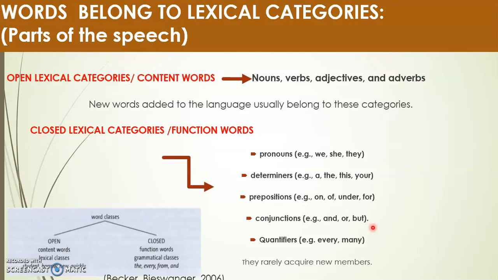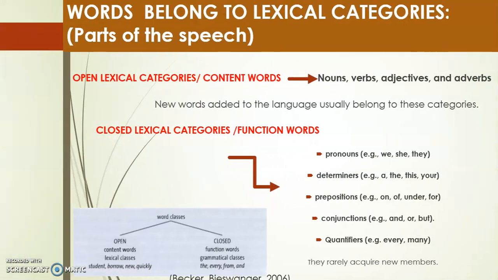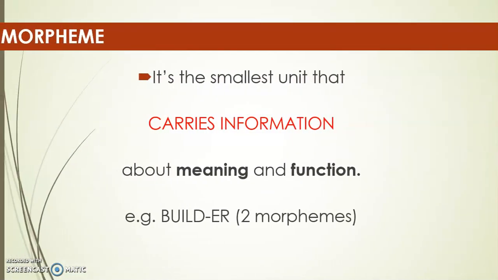And then we have closed lexical categories, which are function words: pronouns, determiners, prepositions, conjunctions, quantifiers, and they rarely acquire new members. Okay, good. So this is Grammar 1, just to remember this.